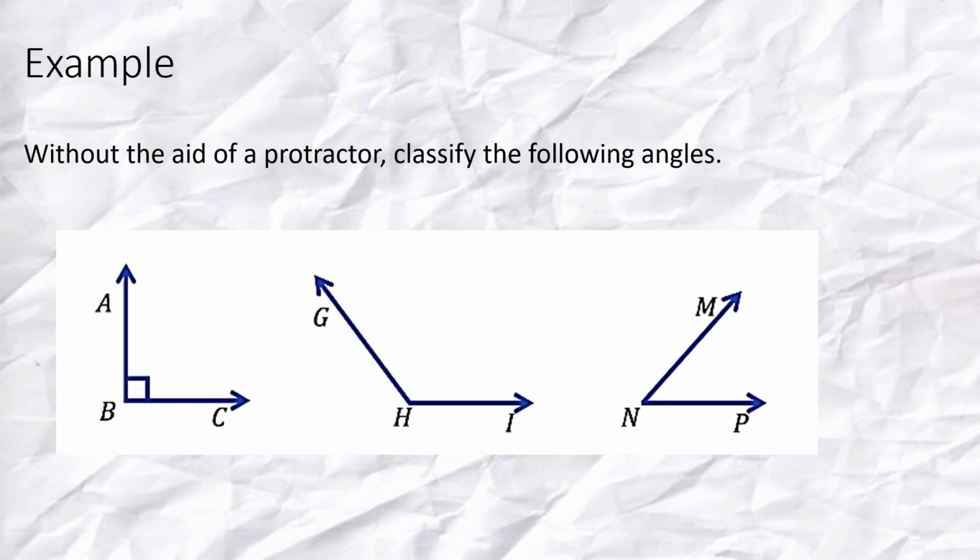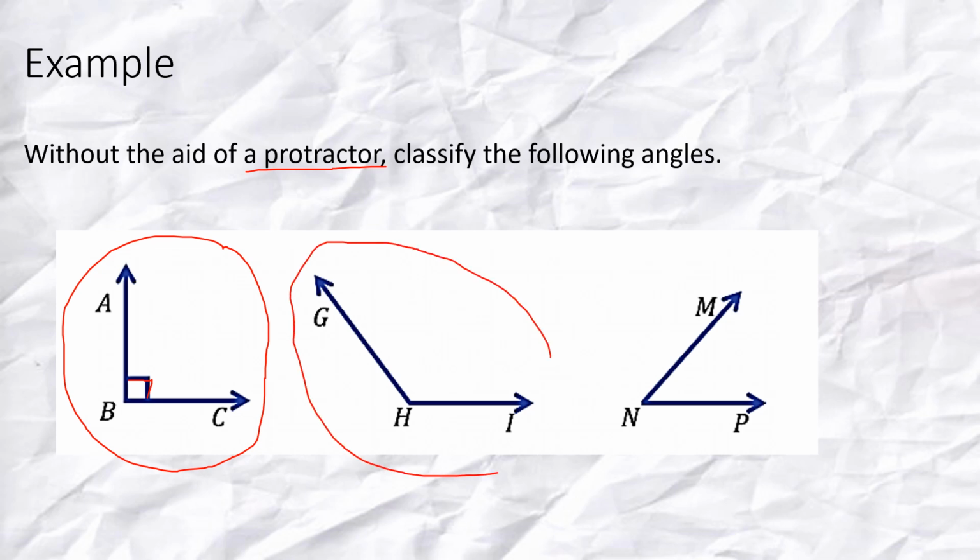Let us try to analyze the following figures, whether they are an acute angle, right angle, or obtuse angle, without using any protractor. The first angle is angle ABC. Again, our clue here is that the formation of the rays forms a letter L shape, and it has a small square that indicates that this angle is a right angle.